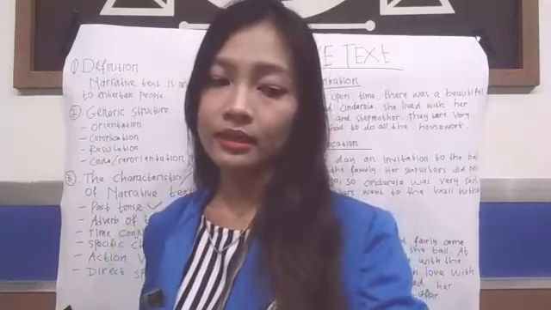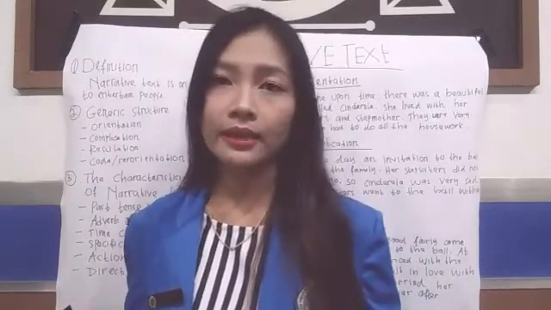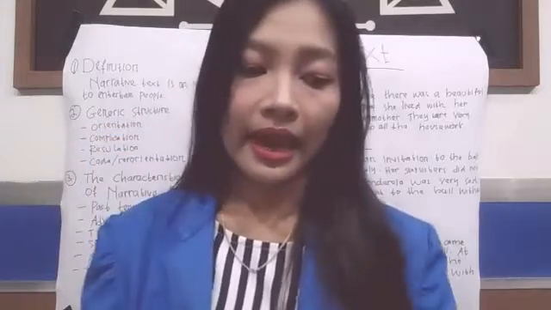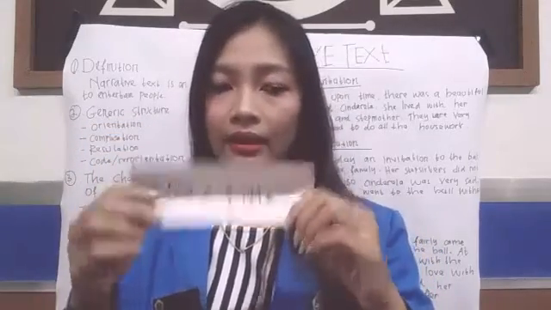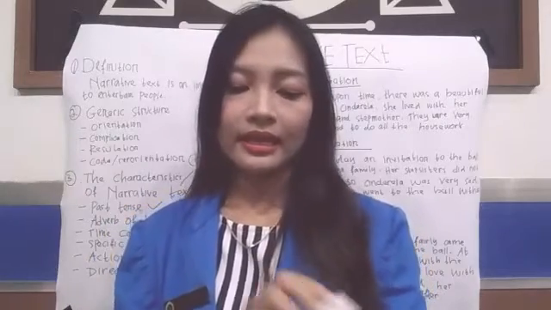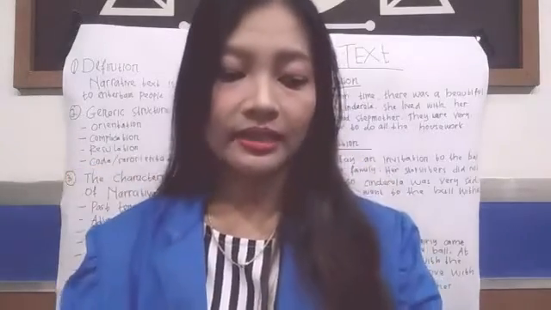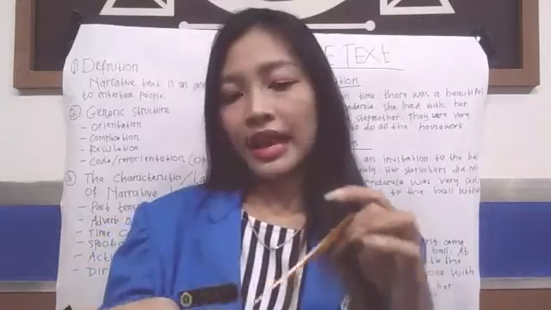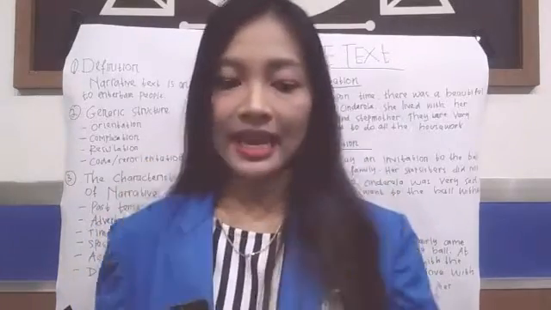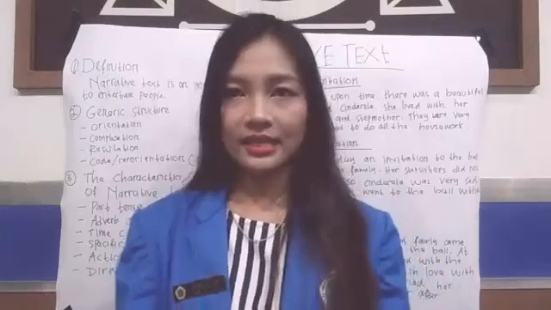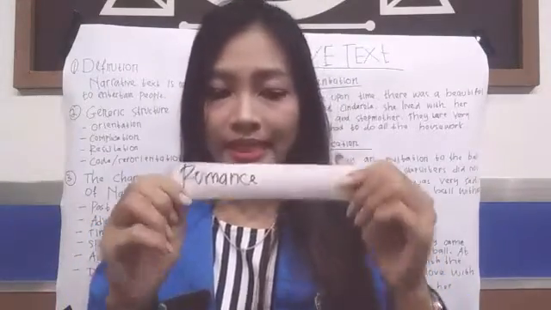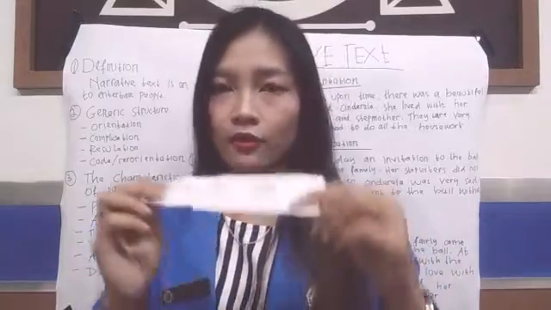The first, for example, mystery, and the next, fairy tale, and the next is science fiction, and myth and legend, and the next, fable, and next is horror, the next is romance, and science of life.